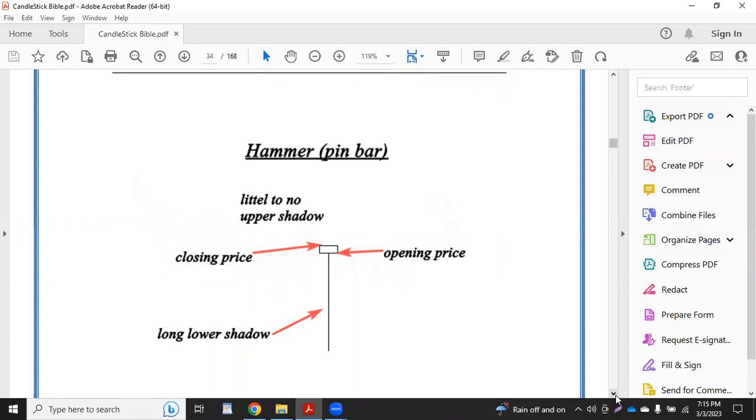So within a particular time frame, there are bulls and bears, which means there is buy volume and there's sell volume within that time frame. Now the way the candle closes tells you who overshadowed who. Did the buyers overshadow the sellers?